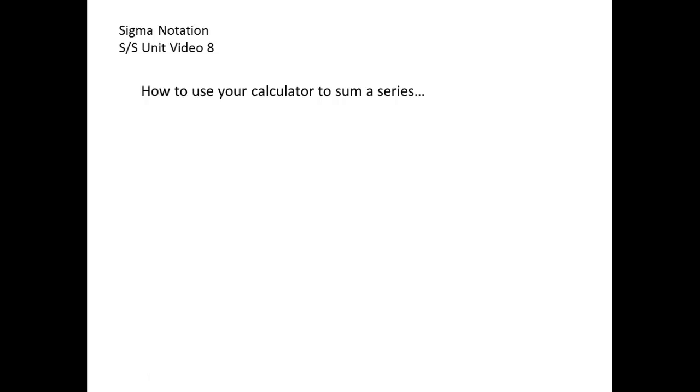Alright, so now I'm going to give you a quick overview of how to do this in your calculator. I know we all have different calculators, so we're going to have to work carefully on this, but we're going to first start by going to our menu, and that is going to be under second stat, which my calculator says list.